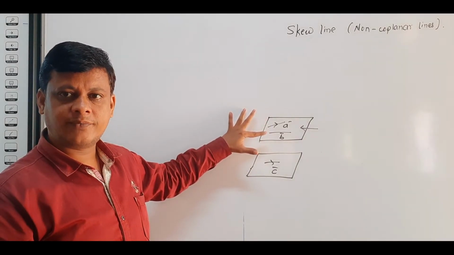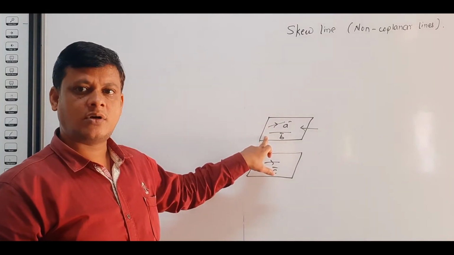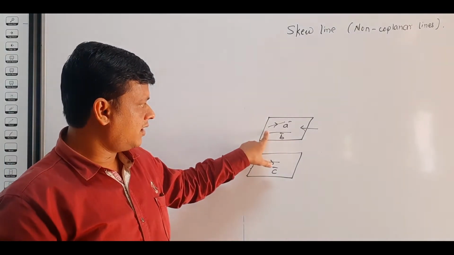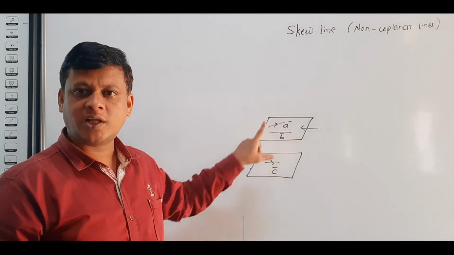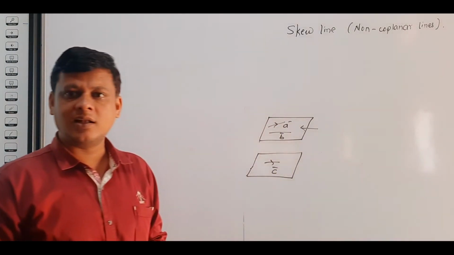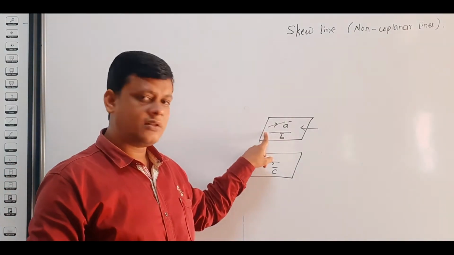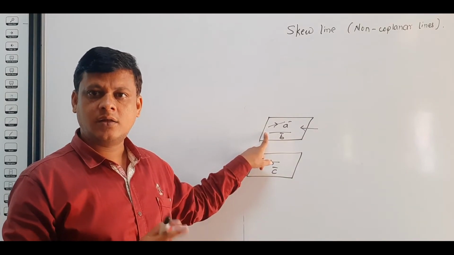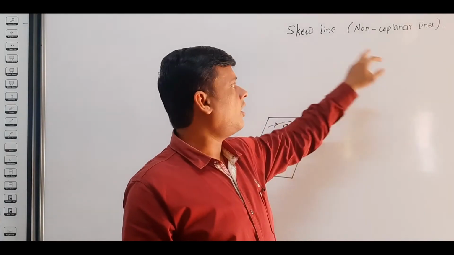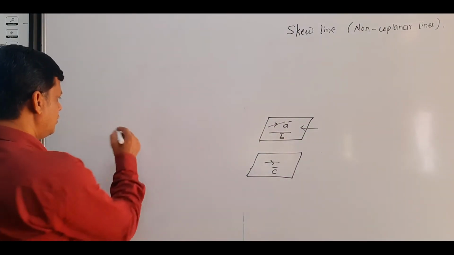are intersecting, then the distance between these two vectors, or in place of vectors we consider two lines, is zero. That means when the distance between two lines is 0, the two lines intersect. But when these two lines are parallel, the lines do not intersect. And when lines are neither parallel nor intersecting, then that type of lines are called skew lines, or non-coplanar lines.